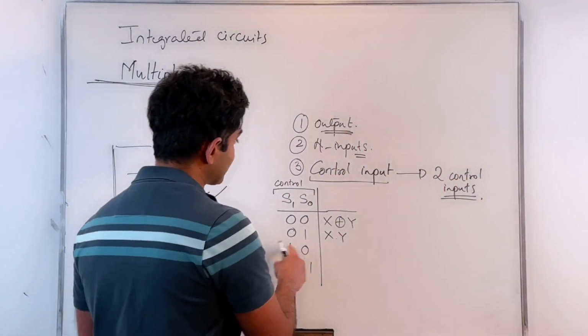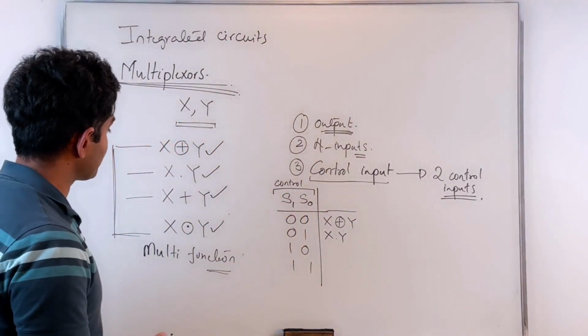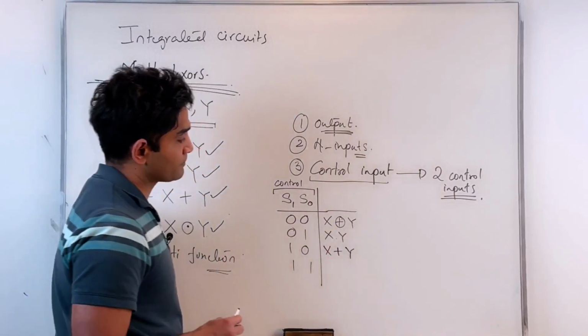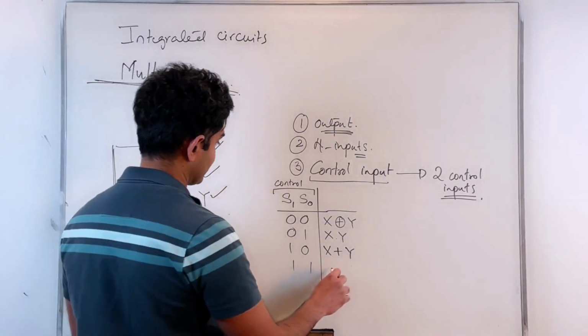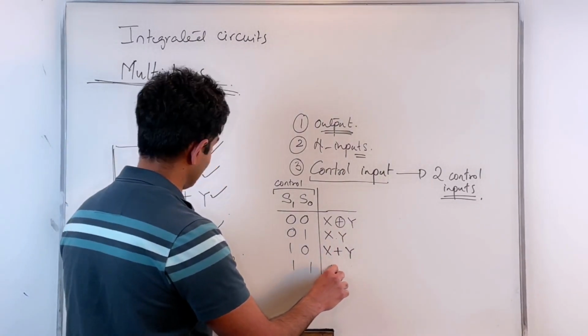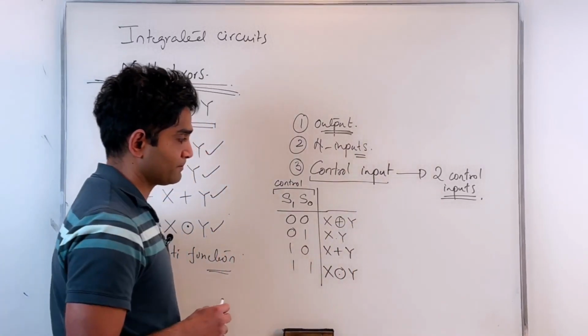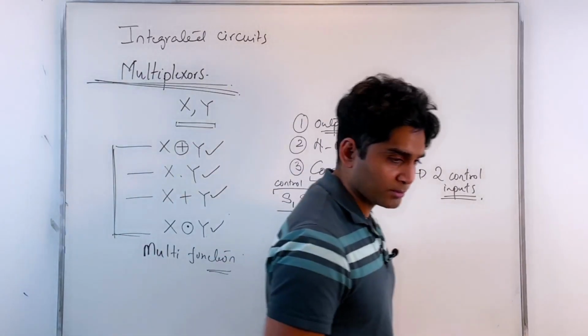If I apply a 1 0 on my control input, I would like to configure the piece of hardware to perform the X or Y operation. And 1 1, I would like to have it function as an X NOR Y operation. Okay. So that's how I would define my control input.